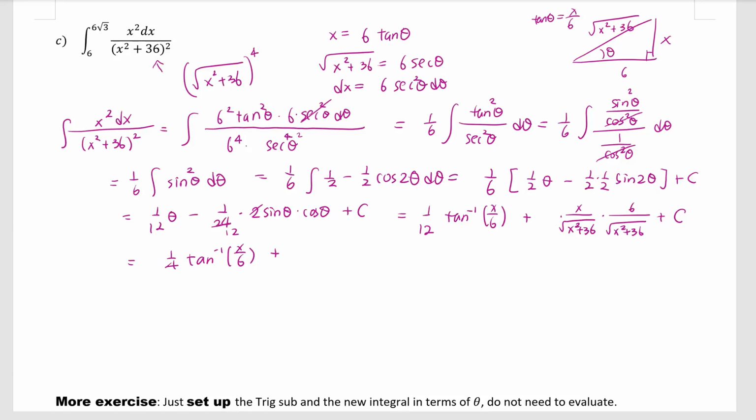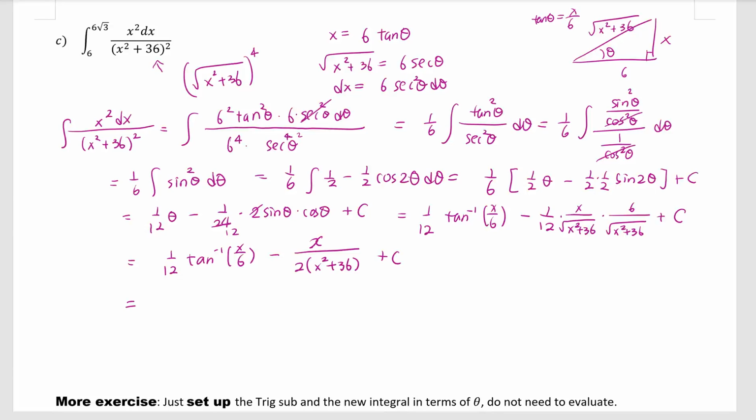So we have 12 here, and the 6 and 12 cancel, so we have 2 in the denominator. So it's x over 2, but the square root times the square root just gives us x squared plus 36. And then plus c. Oh, sorry, this should be minus. Okay, so far so good, everybody?